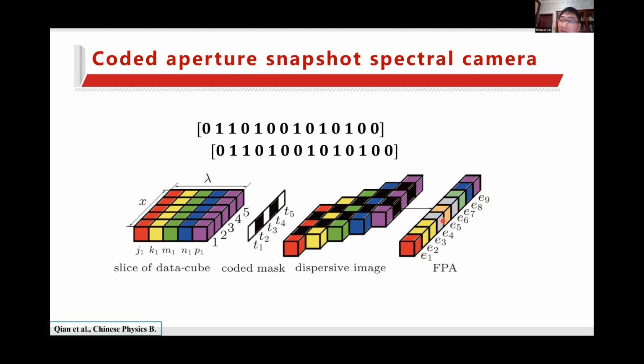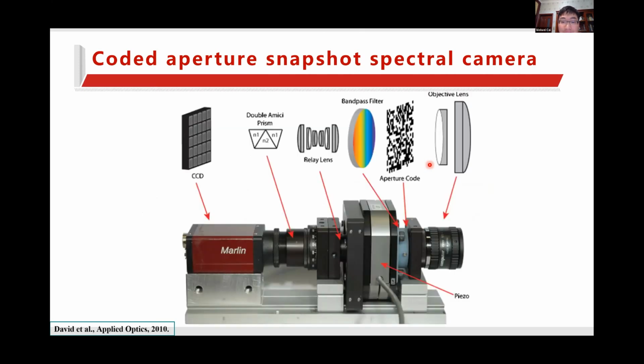For this equation, the weight matrix is very good because the rows are random, so their correlations are very small. In this way, we can also reconstruct the spectral data cube. This method is called coded aperture.